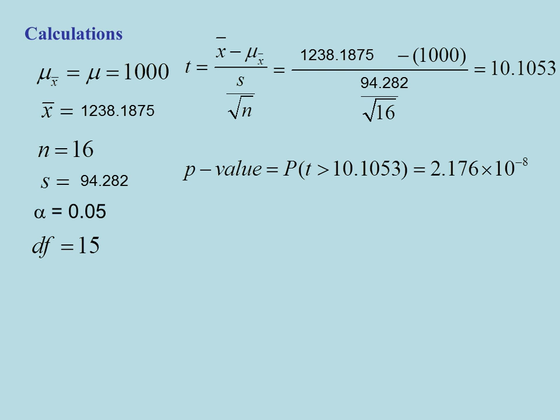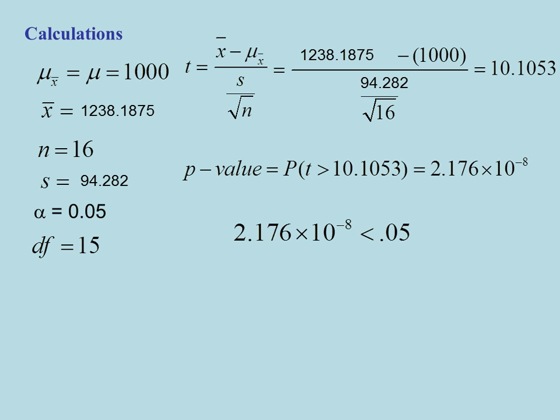And we get a little itty bitty value of 2.176 times 10 to the negative 8th power. So that means we'd move the decimal place to the left 8 times. That's a very small percentage. So hopefully you understand that it is definitely less than our 5%.